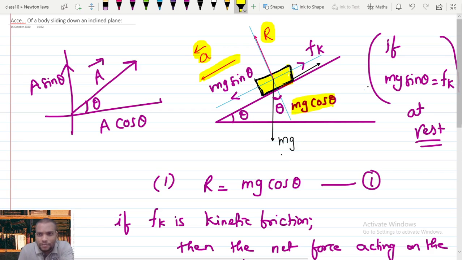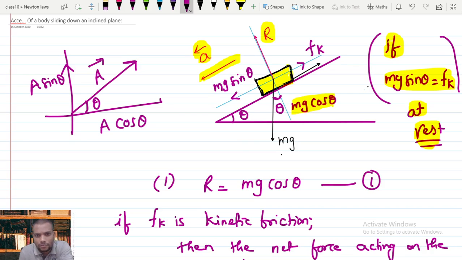Again, if I repeat, suppose this mg sin theta component is equal to f of k, then the object will be at rest. But in our case, the mg sin theta component is not equal to f of k. That's the reason the block is moving in the forward direction.